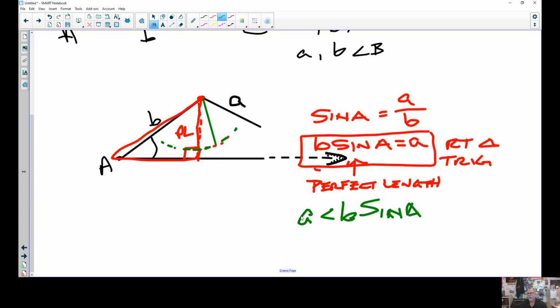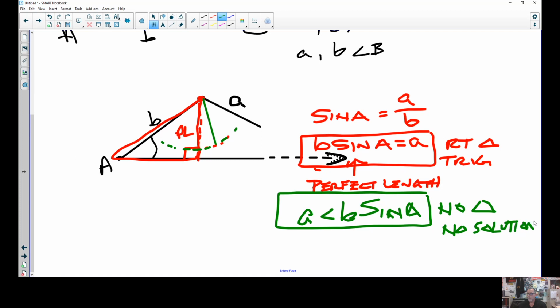If this length is less than the perfect length, we have no triangle possible. So when there's no triangle possible, we just write no solution.